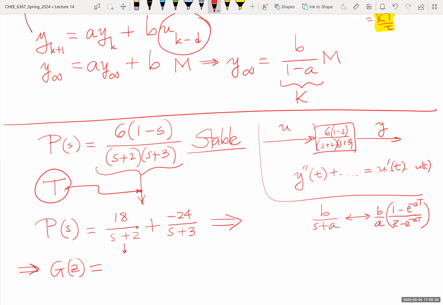So the counterpart of this in discrete time and the counterpart of that in discrete time are going to be what? Help me with the algebra. This is my formula. I'm applying this formula to these two transfer functions. My B over S plus A is this in this case, and it has this corresponding G of Z term. Help me with this term. 18 divided by 2, yes.